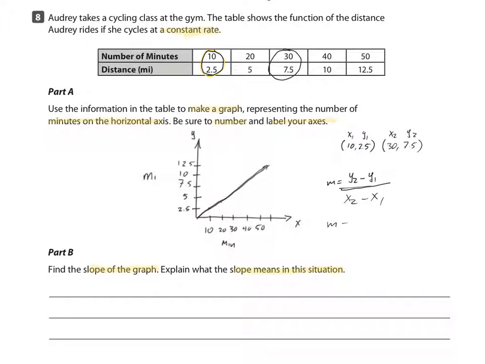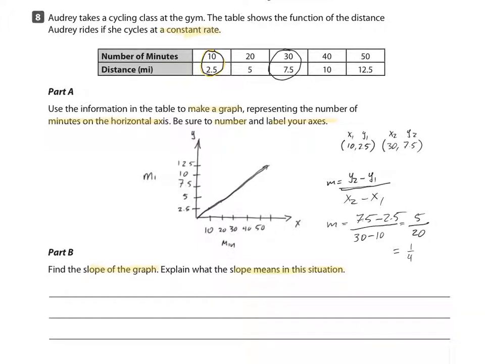When we plug in our numbers, we're going to get 7.5 minus 2.5 over 30 minus 10. In the denominator, you're going to get 20. In the numerator, you're going to get 5. Once you simplify that, the greatest common factor between 5 and 20 is 5, so you get 1/4.